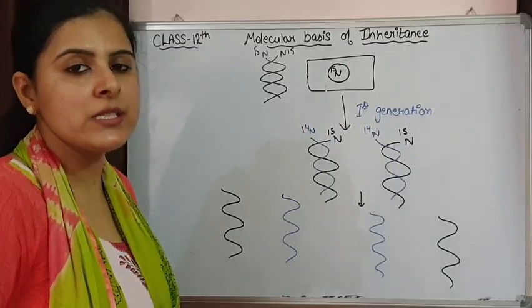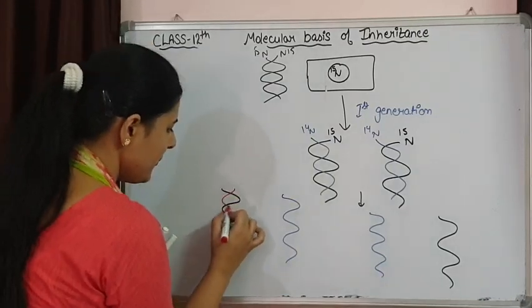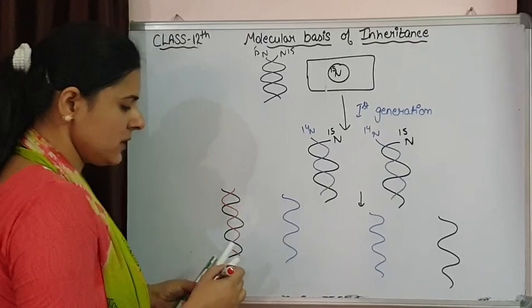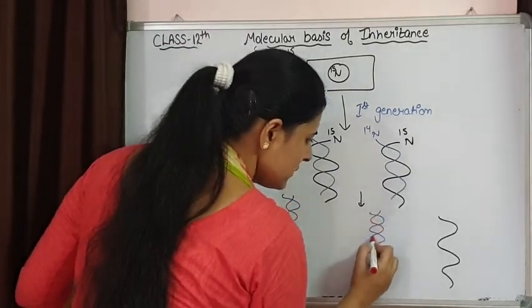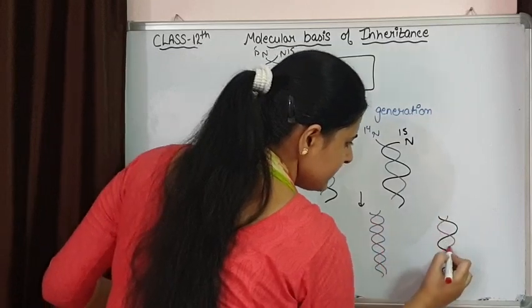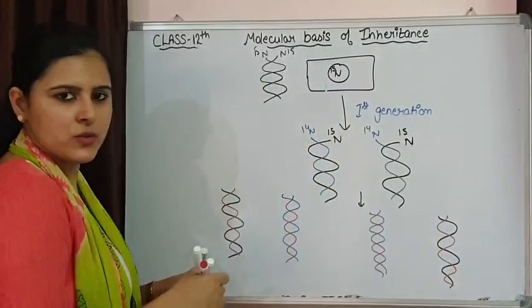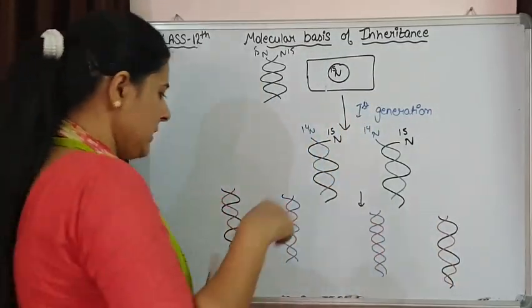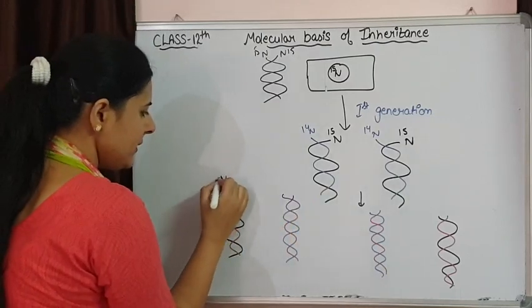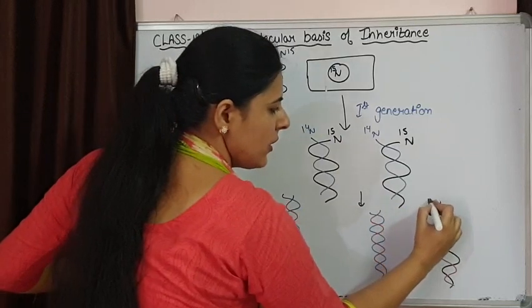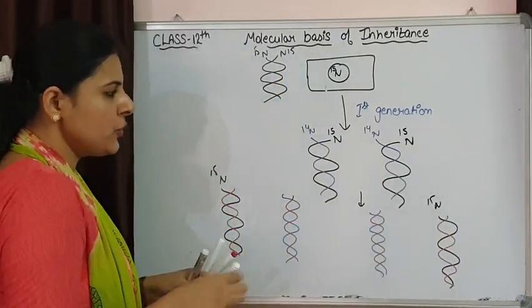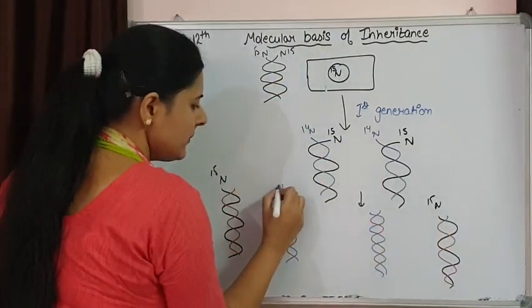And now new strands are going to form. This is the new strand that is going to form. Here also. So this black one is again N15 that was present over here. Here also N15. The blue one was N14.